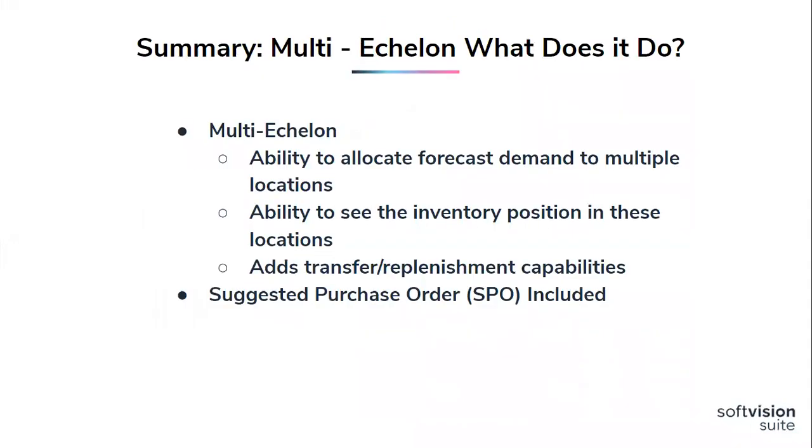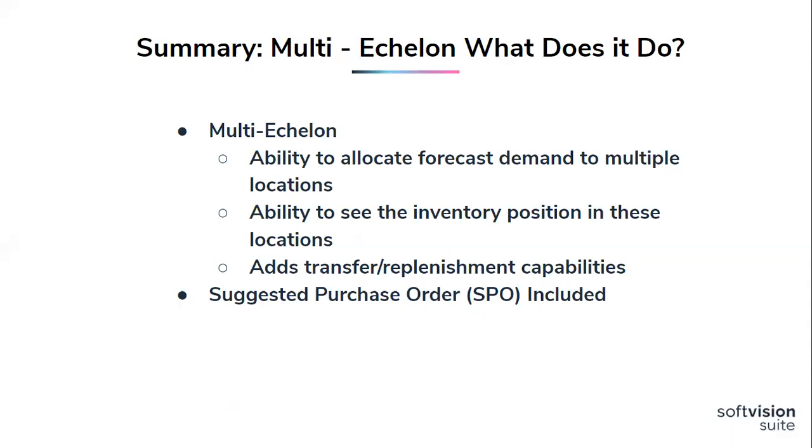Thank you, Janine. So, summary, what is multi-echelon? It allows you to take your forecasts for an event, a period, a book, a channel, whatever the plan is, and then distribute, apply, or allocate this forecast to multiple locations.